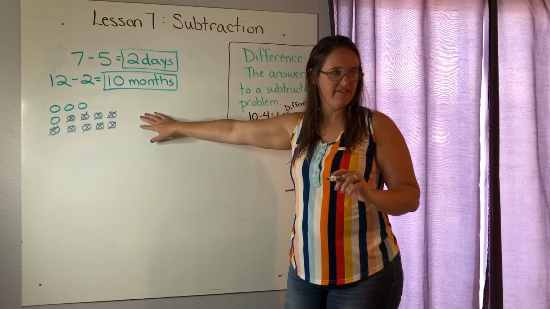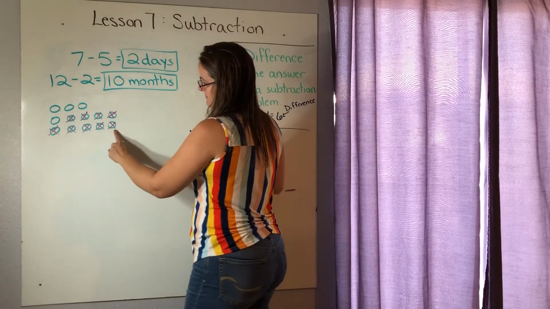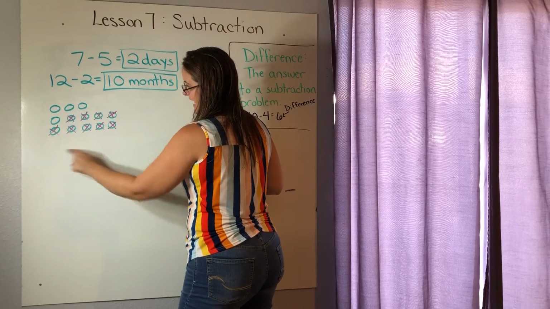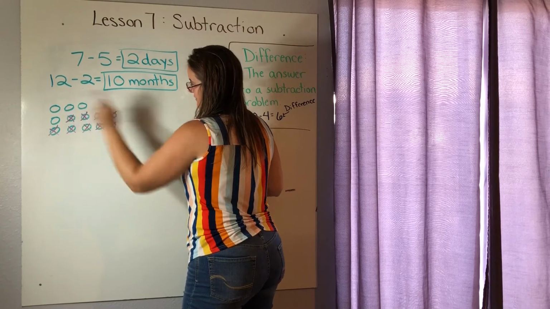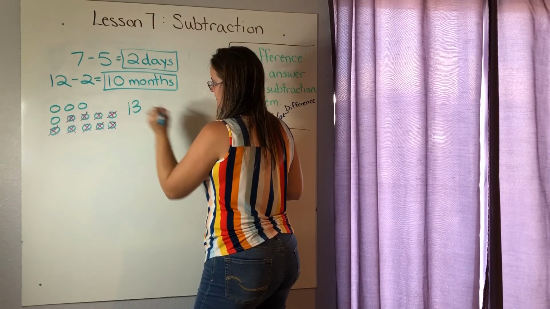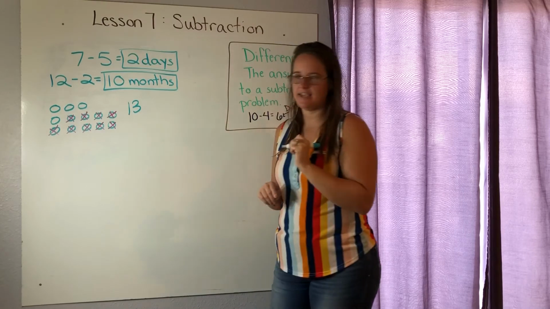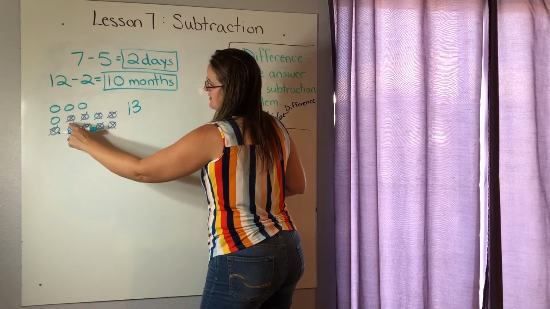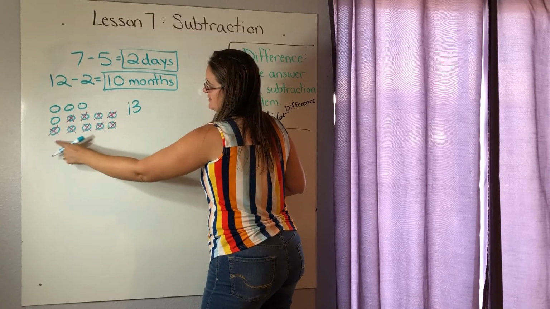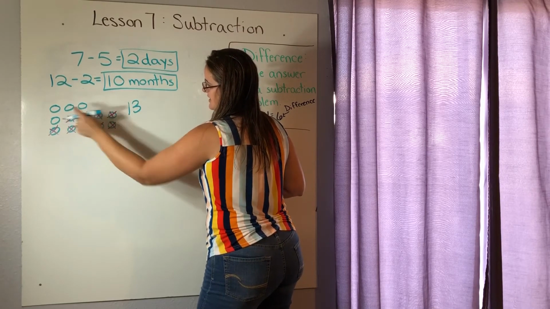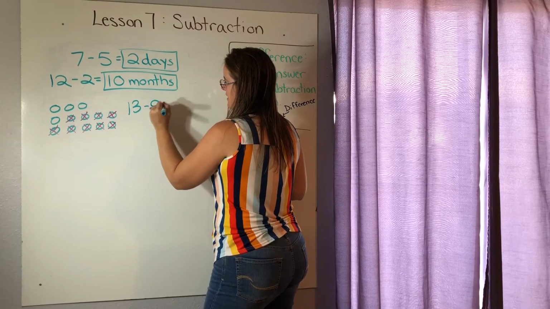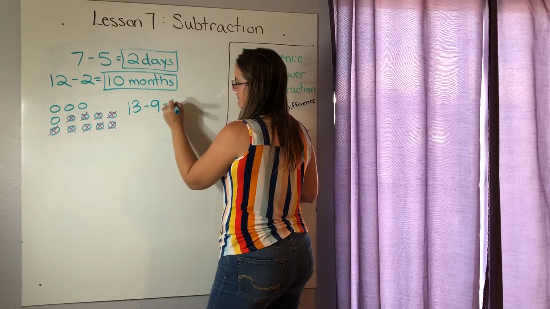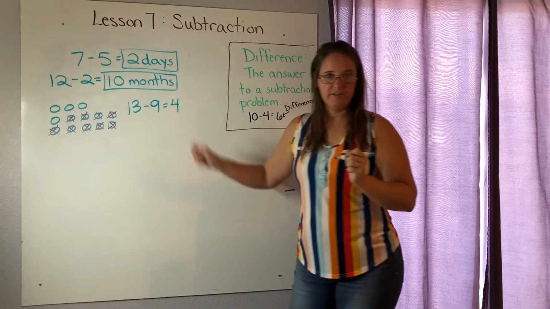How many do we have? I count 1, 2, 3, 4, 5. So if that's 5, this must be 10. 11, 12, 13. So I have 13 marbles. How many am I taking away? All 5 of these, and then 4 of these. So 5, 6, 7, 8, 9. And how many marbles are left? 4. So there's my number sentence.